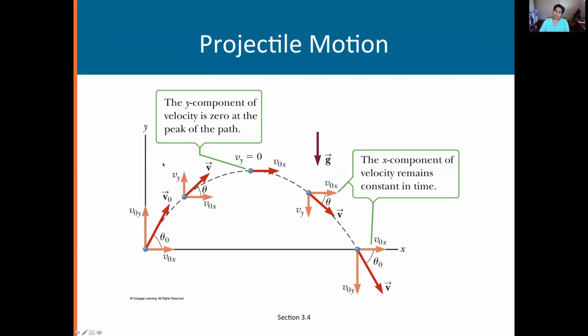Now let's consider the velocity in the Y direction. So let's look at the Y component of this initial launch velocity. That's going to be v0 sine theta 0, where this is theta 0. That's going to give me this: v0 sine theta 0 is v0y. It launches off with a fairly significant Y component.